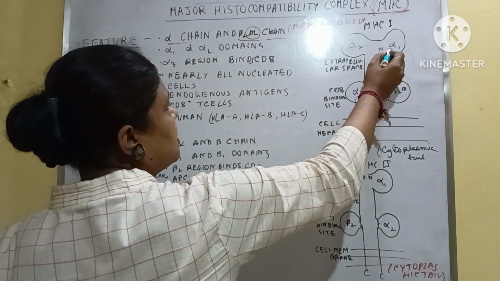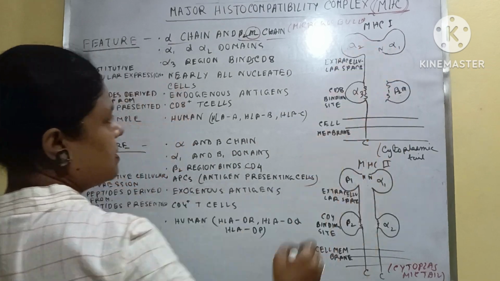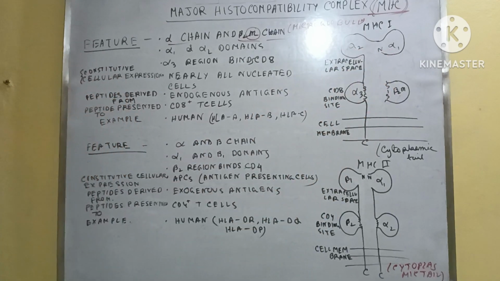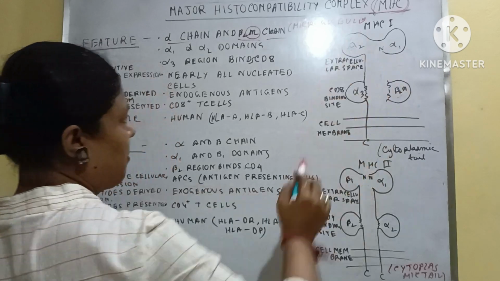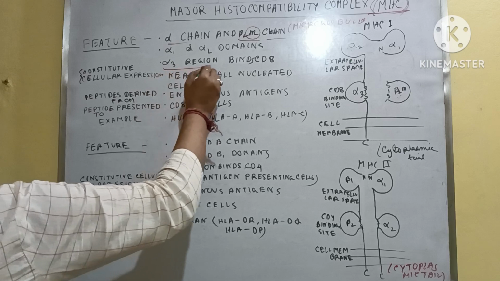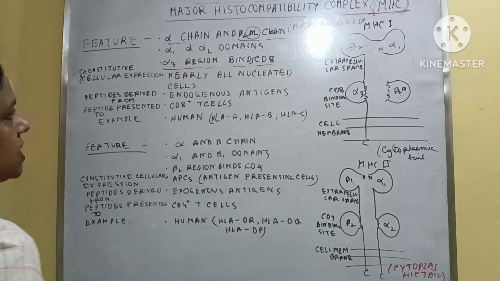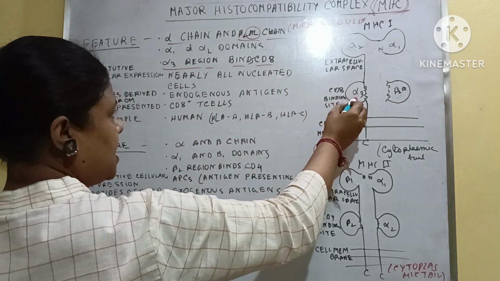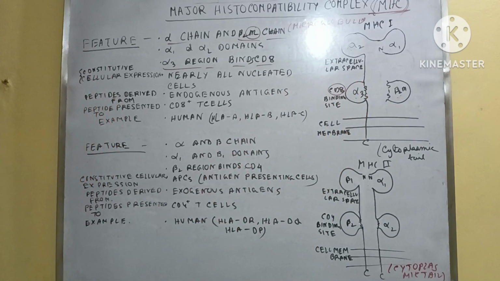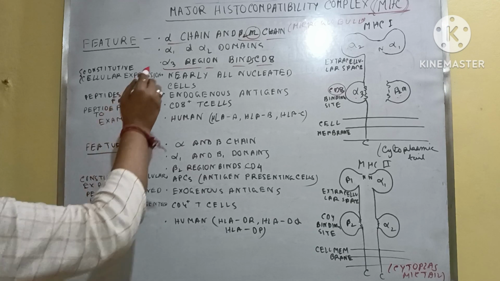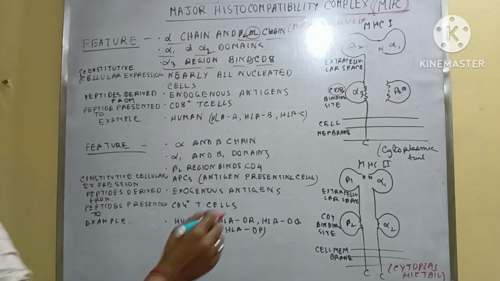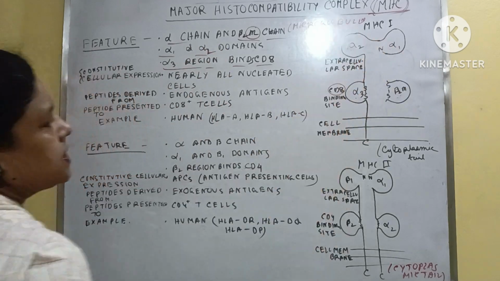Here you can see alpha 1, alpha 2, alpha 3 and only beta 2M. The third one is the alpha 3 region, which binds CD8. And there are two domains, alpha 1 and alpha 2.